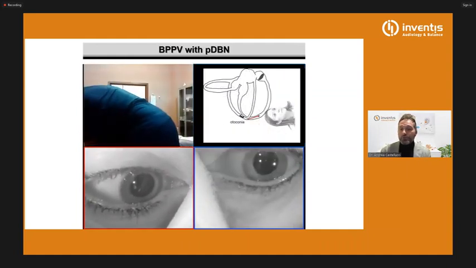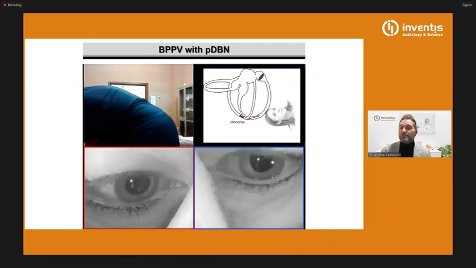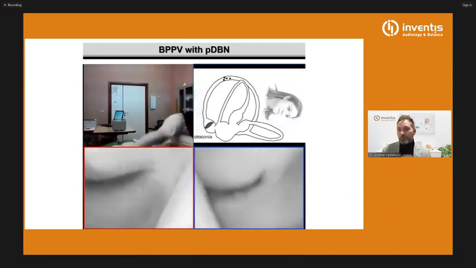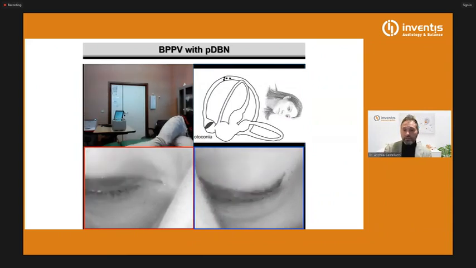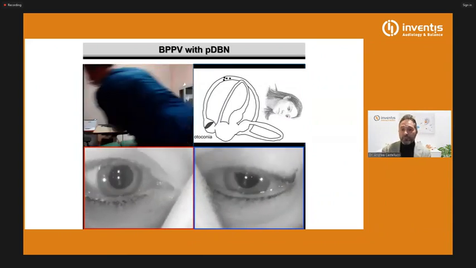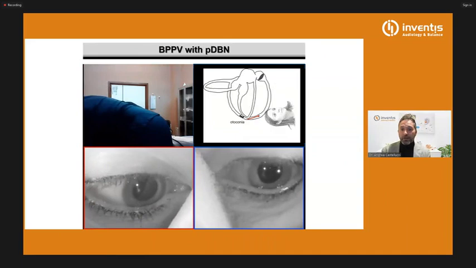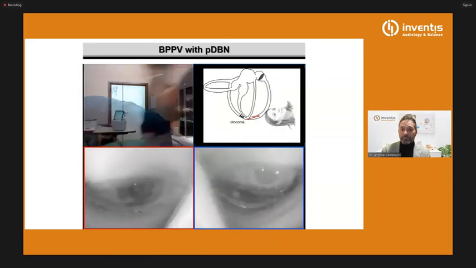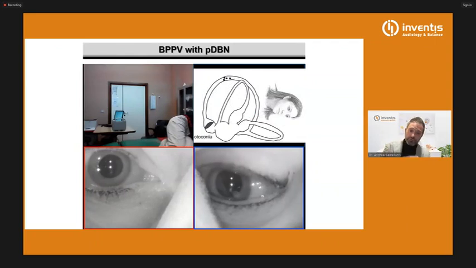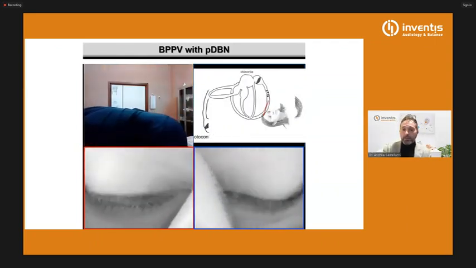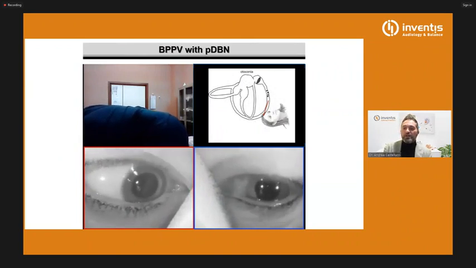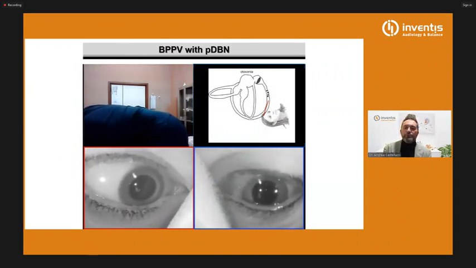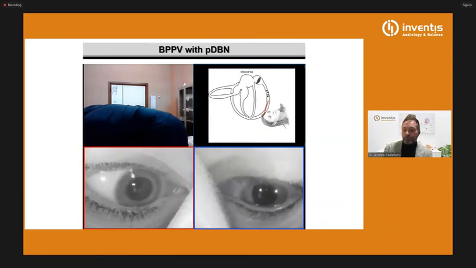So I usually use the Semont-like maneuver, that is basically a continuous Semont and reverse Semont along the canal plane. The plane, of course, is the RALP or the LARP, left anterior, right posterior, or left posterior, right anterior. We don't know which is the case, but look, after a few maneuvers, now we have a typical conversion into a BPPV of the right posterior canal. So it was a right apogeotropic form of the posterior canal.